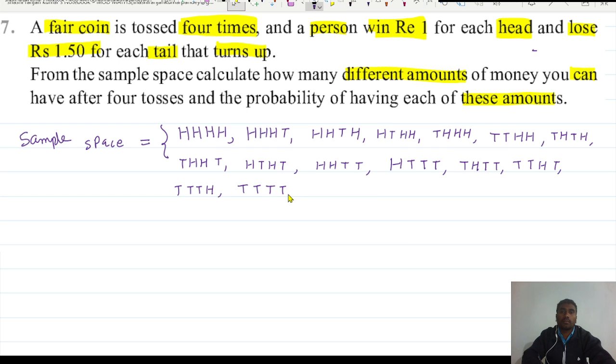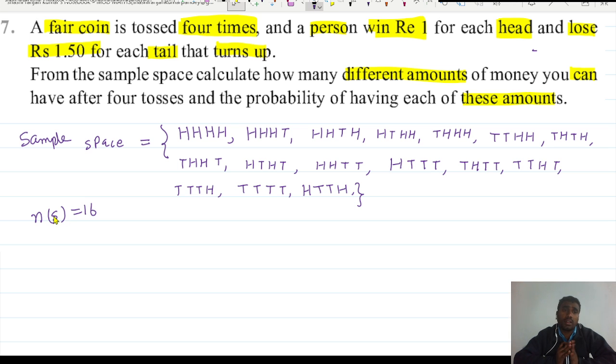See, yes, here H, T, T, H is missing. Now you can see we are getting a total of 16 outcomes here. Fine. So what is the total number of elements in the sample space? Total 16 outcomes. Fine. So from this sample space, we have to calculate the different amounts.